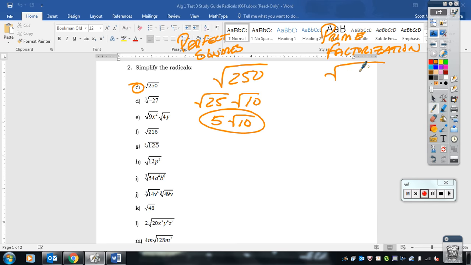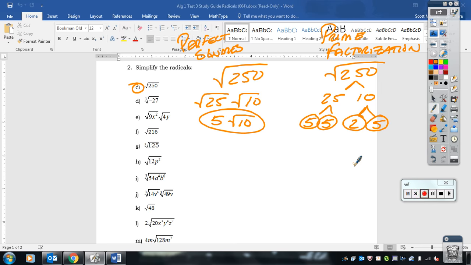But if you didn't know it, you could still do the prime factorization. You might have realized 250 is 25 times 10. 25 is 5 times 5. Those are both primes. You could circle them. 10 is 2 times 5. Now I have only primes circled. 2 is the only even prime.